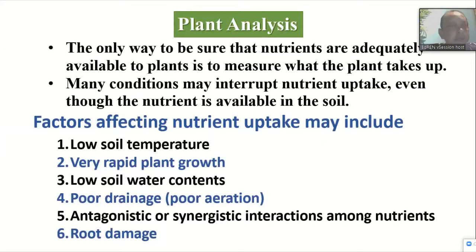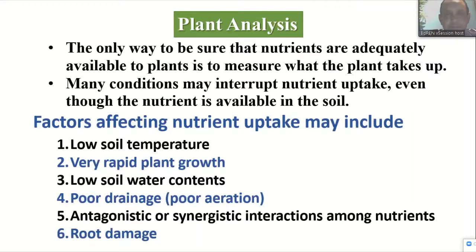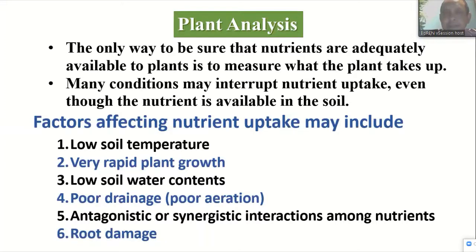I already told you about plant analysis under chemical tests. This method is the only way to confirm whether there is a deficiency or adequate plant nutrients present in soil or not. However, some conditions may interrupt nutrient uptake, for example, low soil temperature.